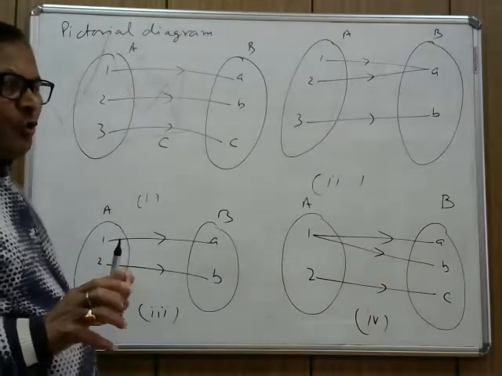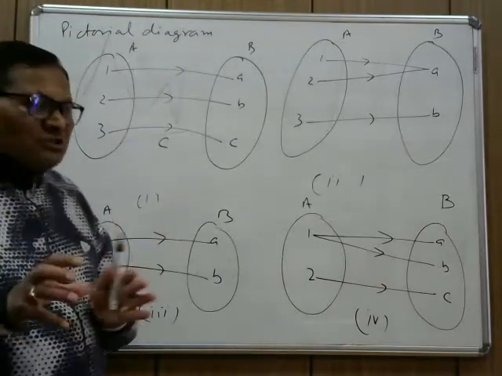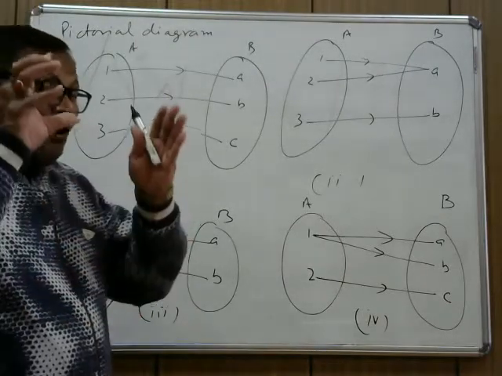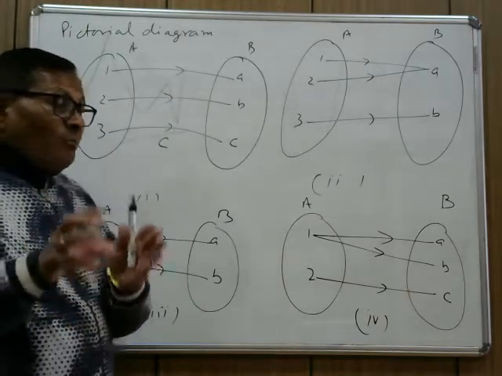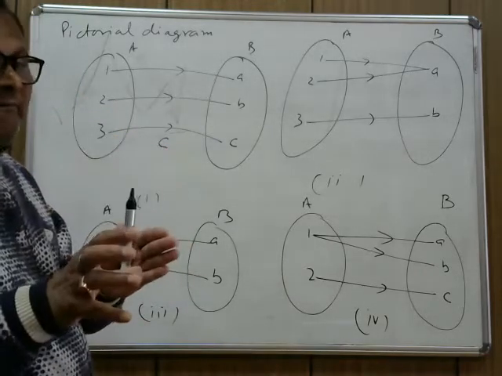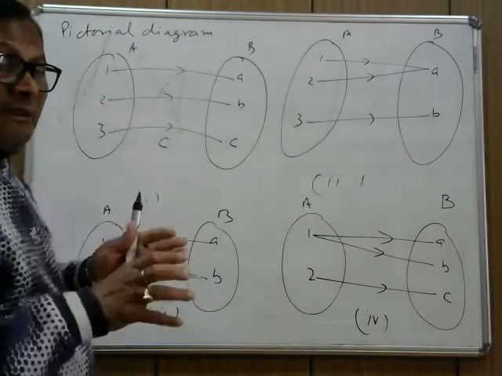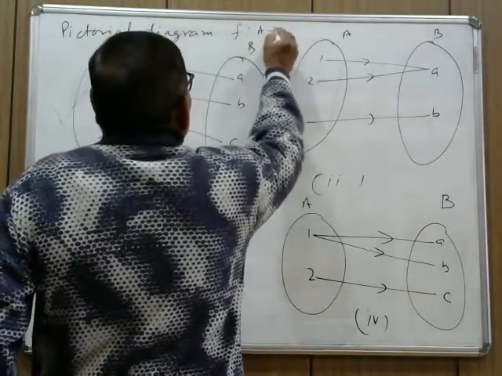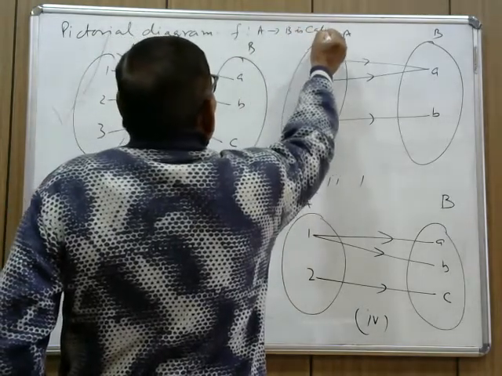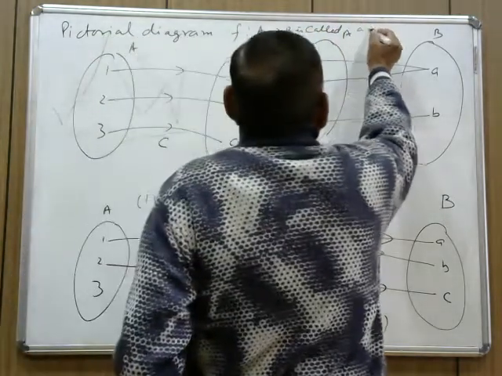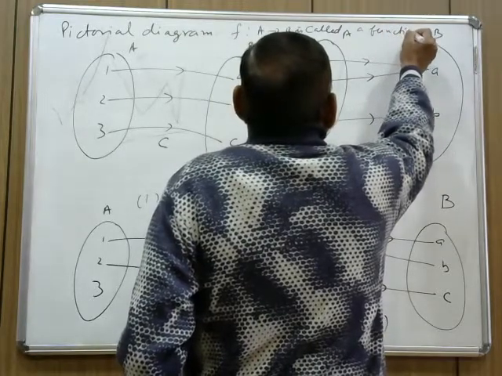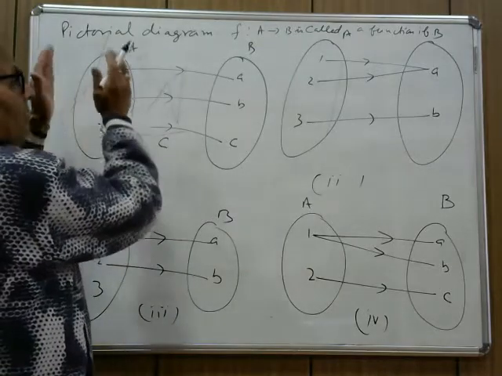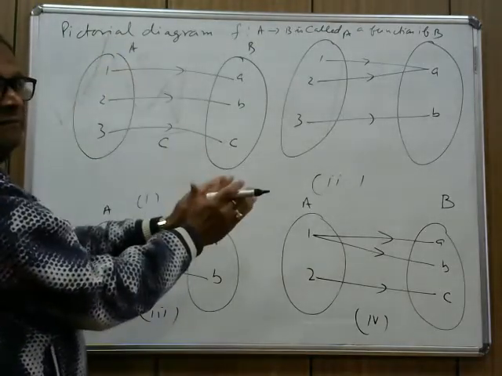A given relation is a function when two conditions are satisfied: all the elements of the domain A must have an association. Then A to B is called a function.